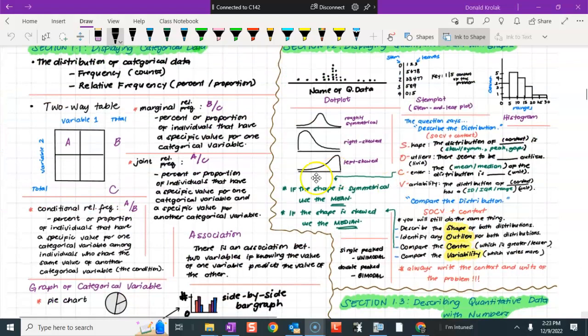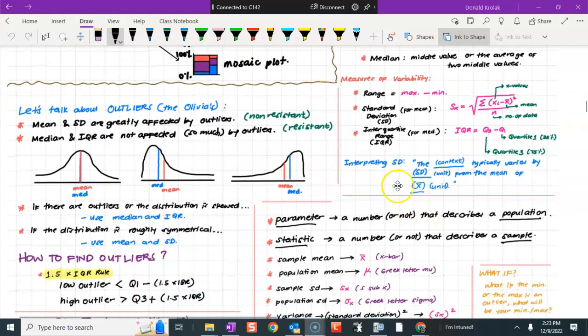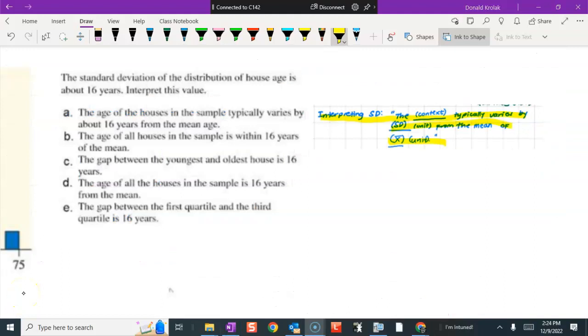The interpretation of standard deviation we learned in chapter 1, and it's right here. So we're going to take that and fill it in the context of the problem that we're given. All right, so the standard deviation in house age was 16 years.